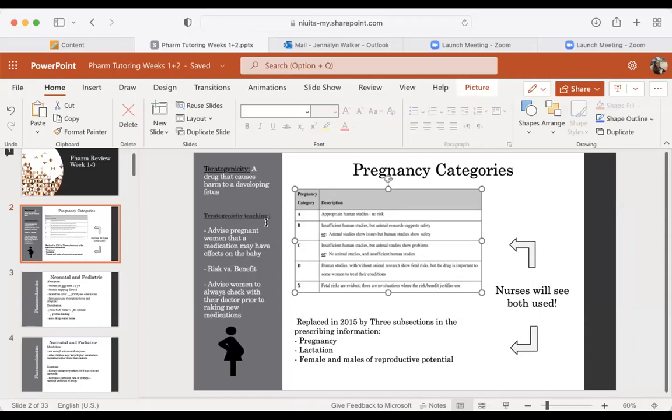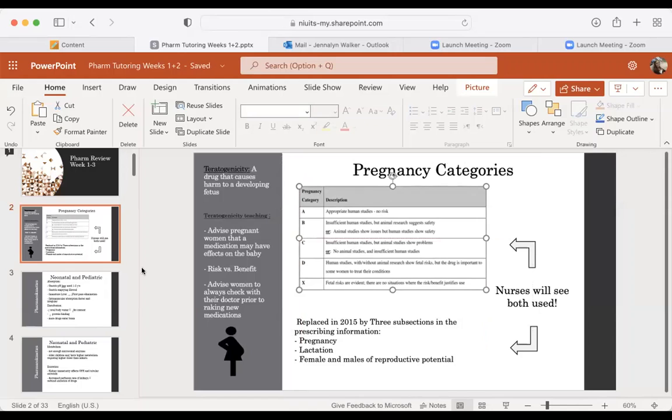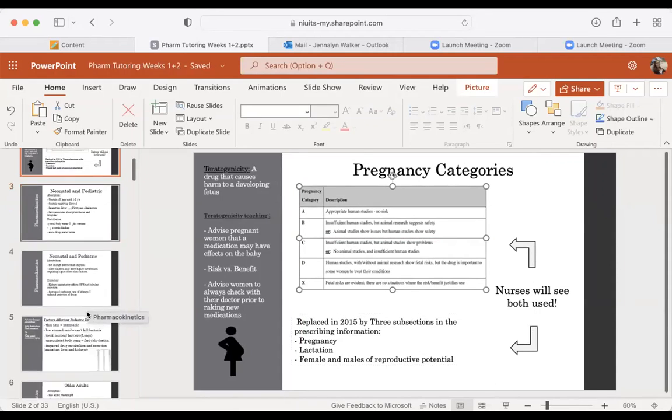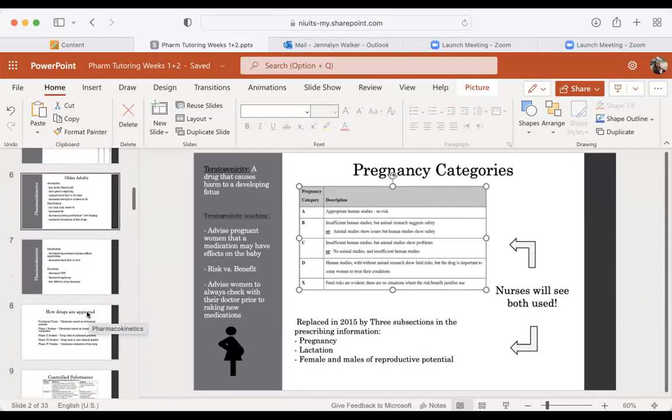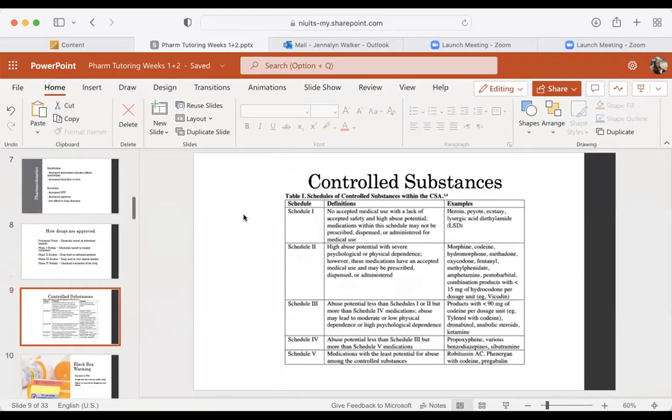It's the same with the controlled substances, going from A down the list. A has no side effects, no risk, and X is the most risk. We're not going to do it. At least that's what it said on the study guide. And then for controlled substances, this is the other one.